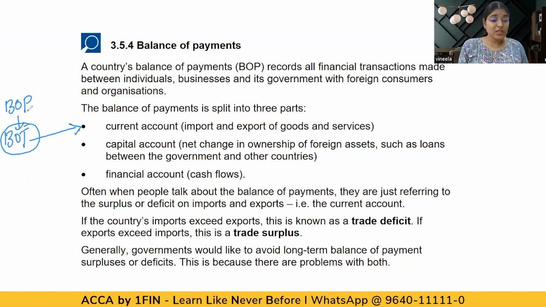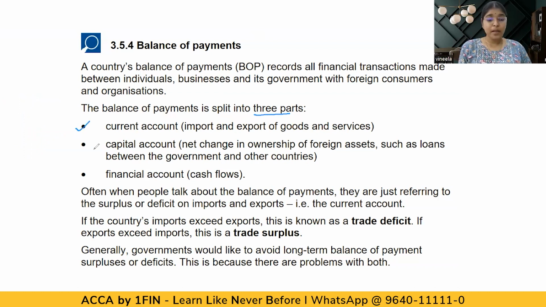It consists of balance of trade, the capital account, and the financial account also. I hope this is a point which you have to make clear. So let's see, as I have said, balance of payments is split into three parts.